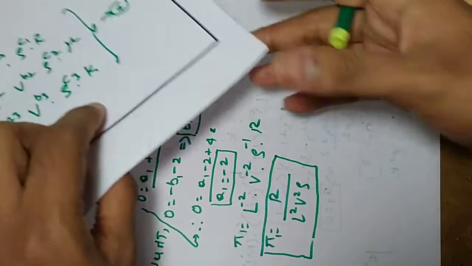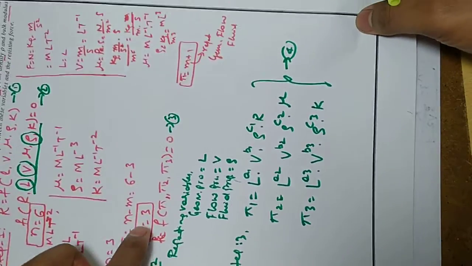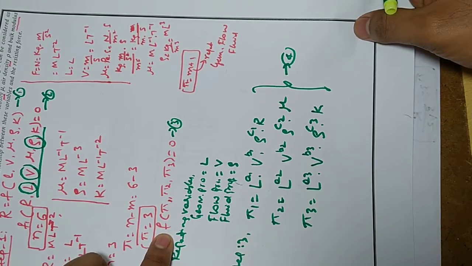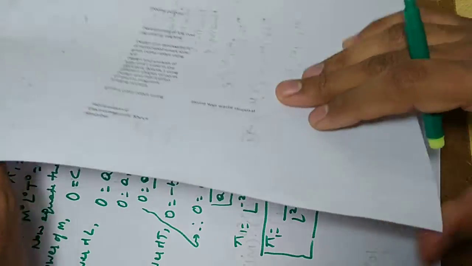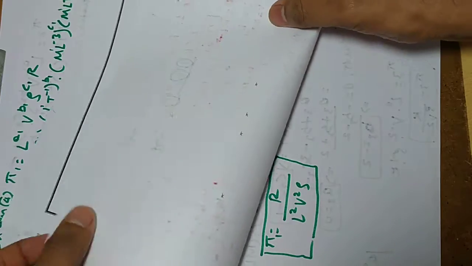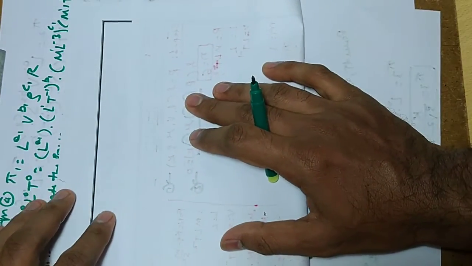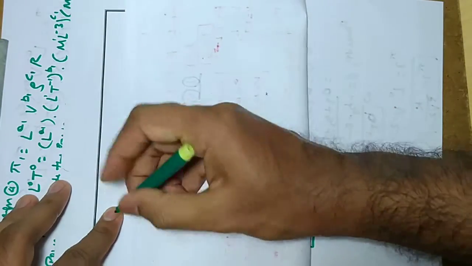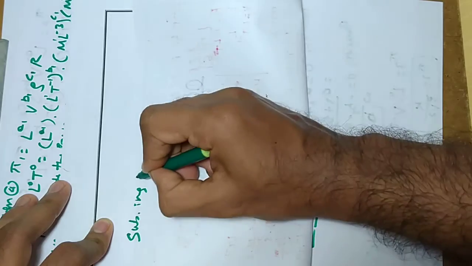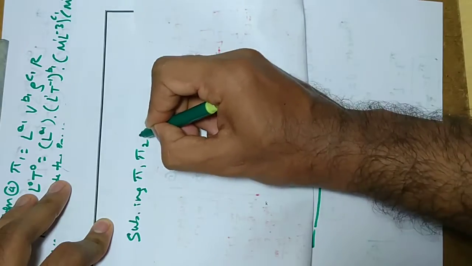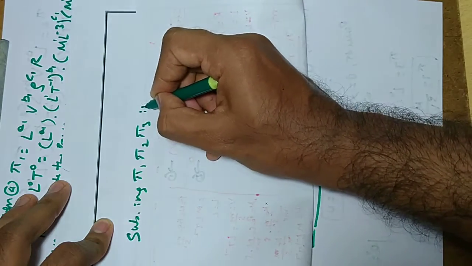Just substitute the pi 1, pi 2, pi 3 here in this equation, equation 3. I will write here only. Substituting pi 1, pi 2, pi 3 in equation 3.